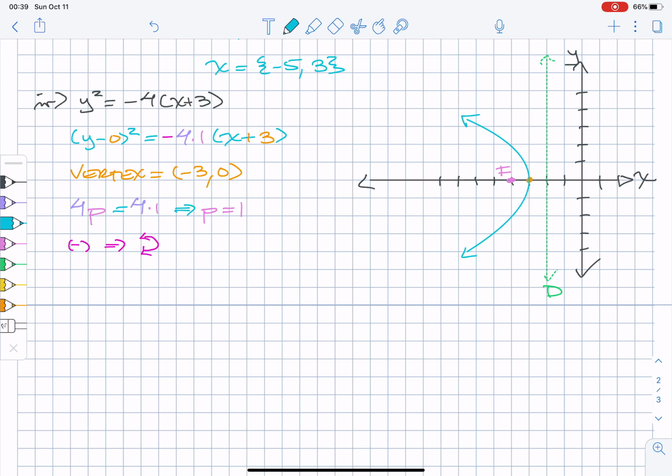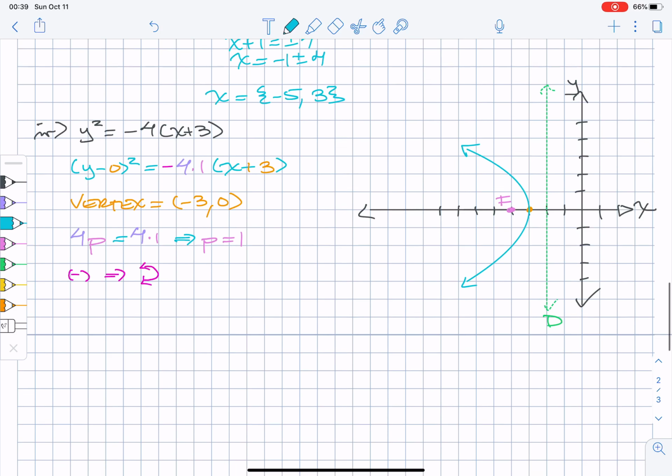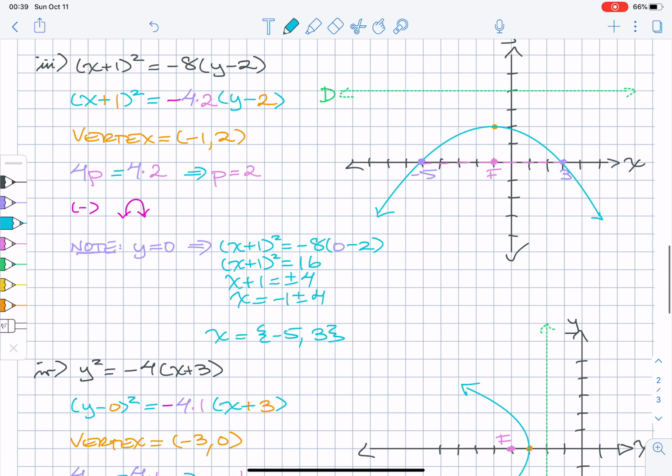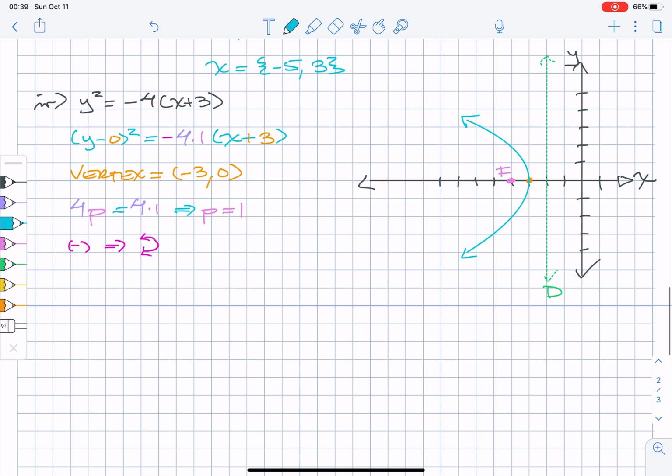There is something I am actually doing, and I will let you know what that is right now. I'm not just willy-nilly plotting these, I'm plotting them very specifically. And how do I know how wide the parabola is? That's what we're going to answer now.